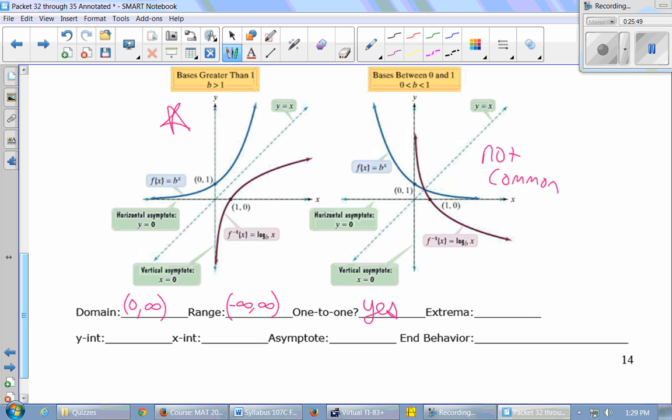I'm just looking at this red graph and this red graph. So both of them live on x values from 0 to infinity. They live on y values from negative infinity to infinity. Do either of them have any extrema? No, no maxes and mins.